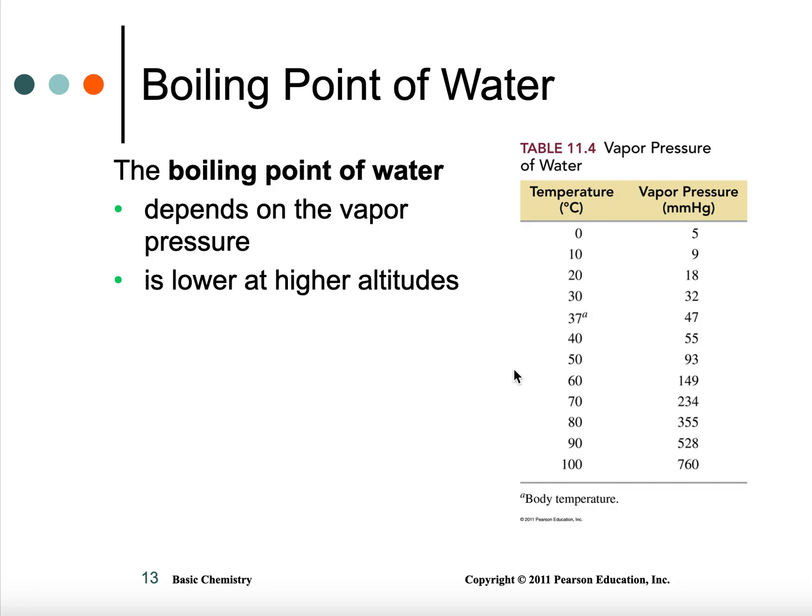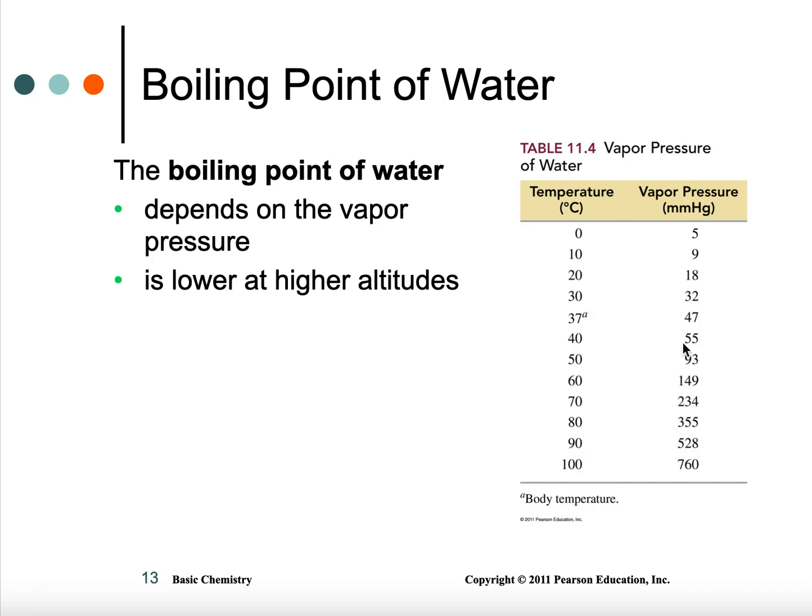Okay, so let's look. The boiling point of water depends on the vapor pressure. If you have 760, which is sea level, it takes 100 degrees to boil. But if you go higher in the atmosphere, up a mountain, where there's not so much atmosphere, it boils at 90.